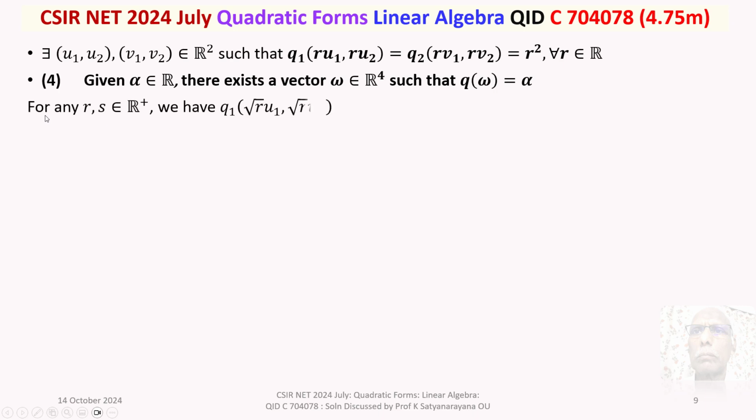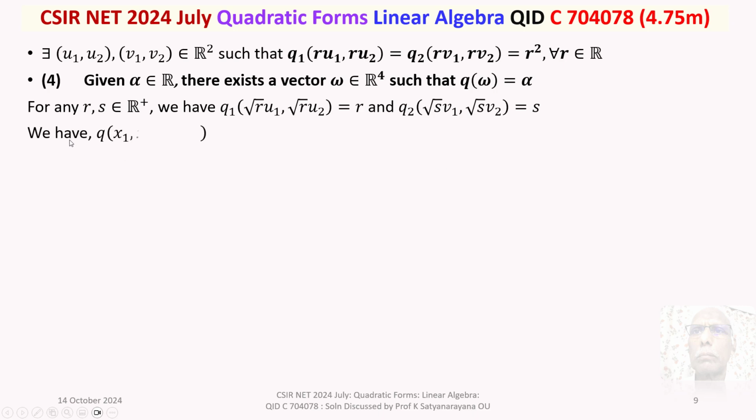Now, for any r, s belonging to positive real numbers, we have Q1 of (root r u1, root r u2) is equal to root r square, that is r. Q2 of (root s v1, root s v2) is s. When r and s are positive, that is why roots are taken.